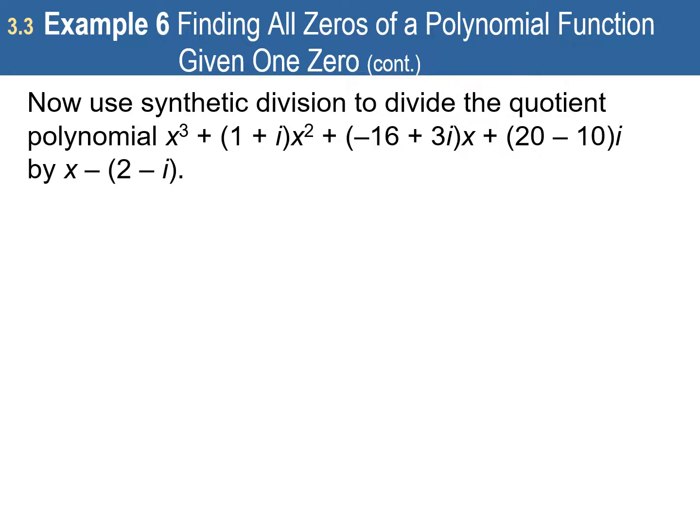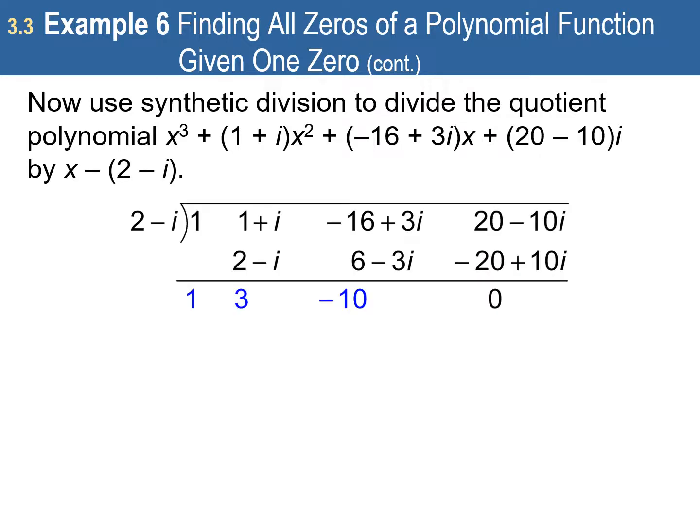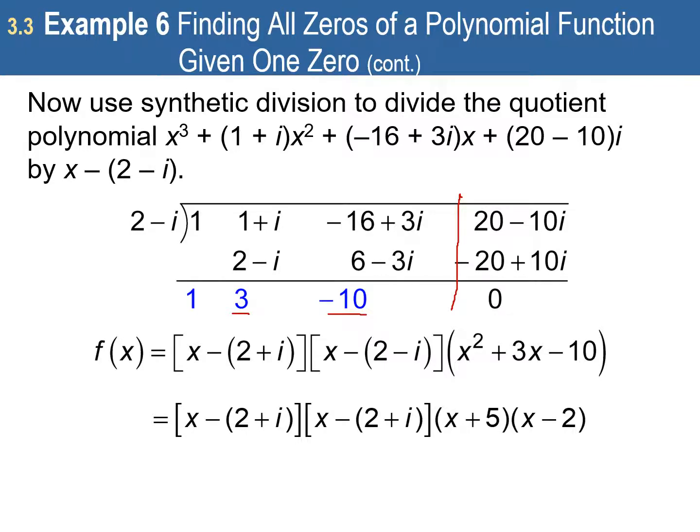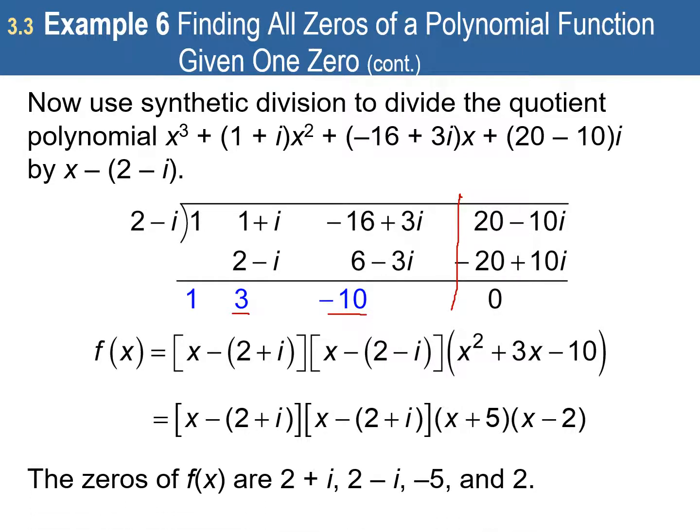Now we also know that 2 minus i is a 0 by the conjugate root theorem. So when I divide through by 2 minus i, I see that I have the polynomial x squared plus 3x minus 10. And this I can factor into x plus 5 times x minus 2. So the zeros are 2 plus i, 2 minus i, negative 5, and 2.